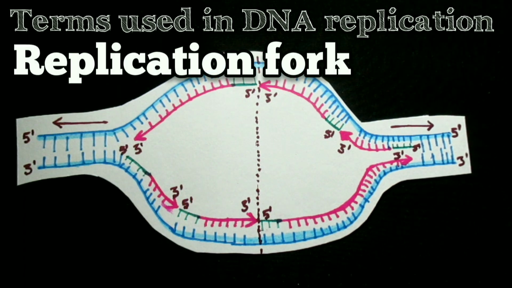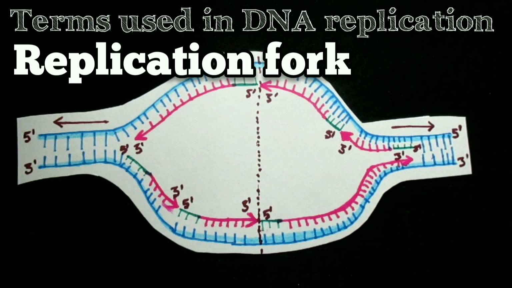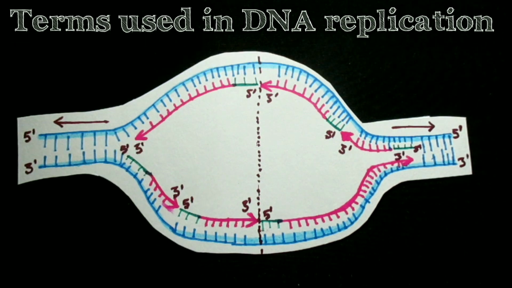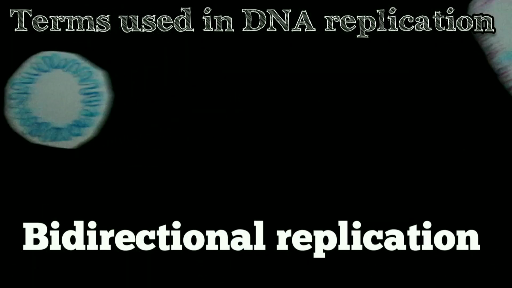And the fifth one is very important, that is replication fork. When DNA untwists to expose the two single-stranded template strands for DNA replication, a Y-shaped structure is formed. And the sixth and final one is bidirectional replication.